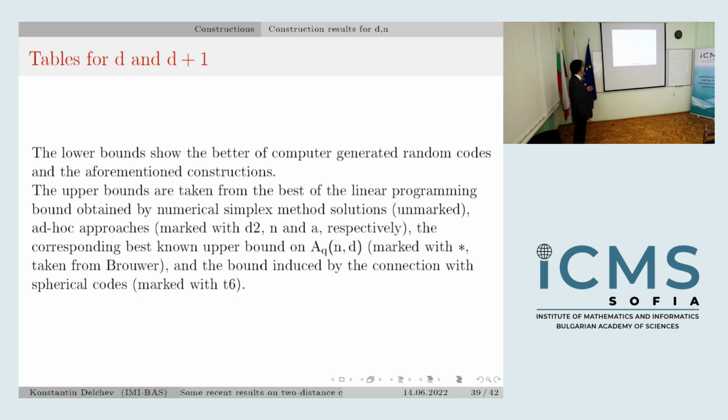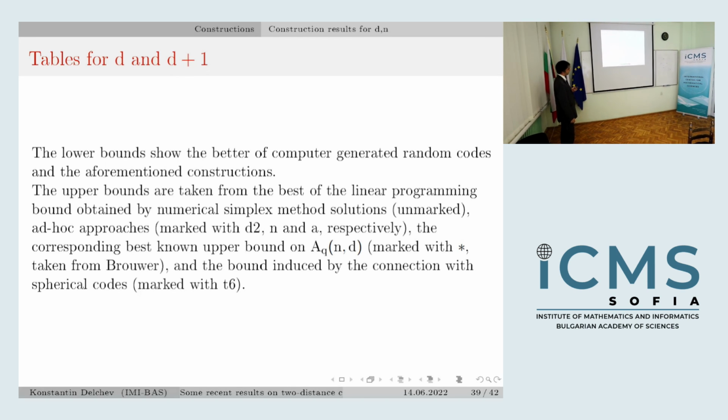Upper bounds are the best that we can have from linear programming, either with numerical simplex method solutions, or with ad hoc solutions that are basically polynomials that looked like they would be good, and they were in some places. Also already known upper bounds from previous papers are taken from the very nice database of Brouwer, and the bound to spherical codes.